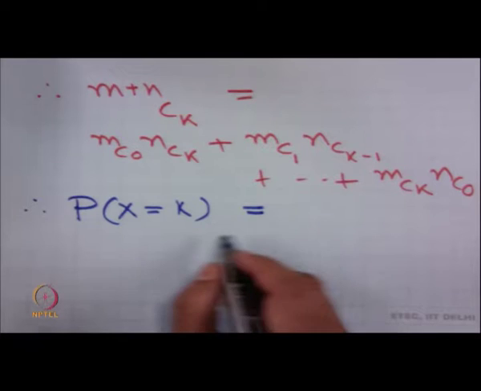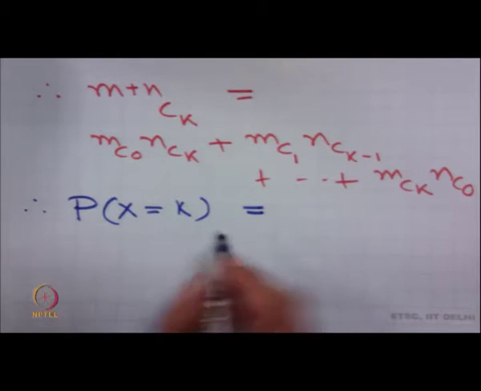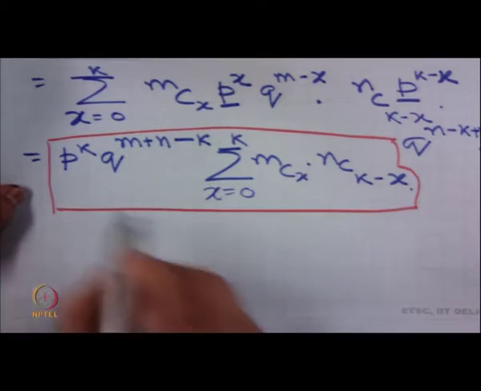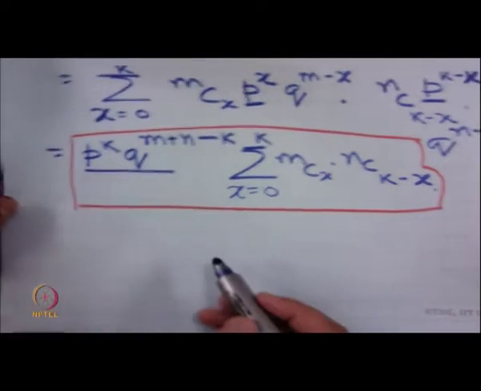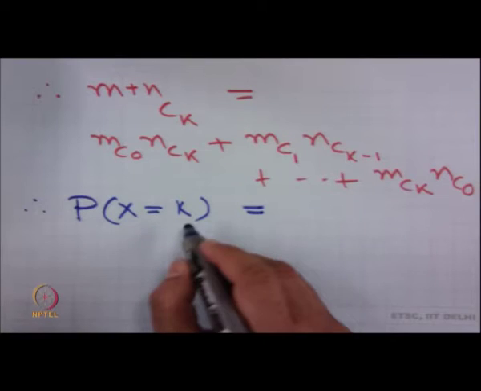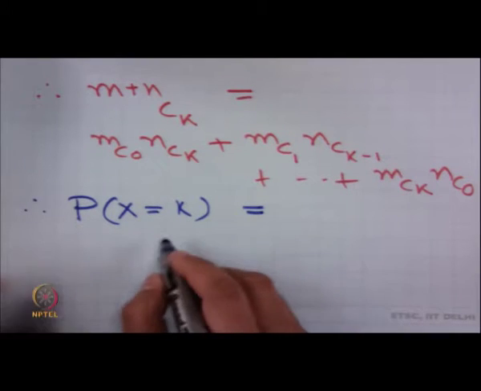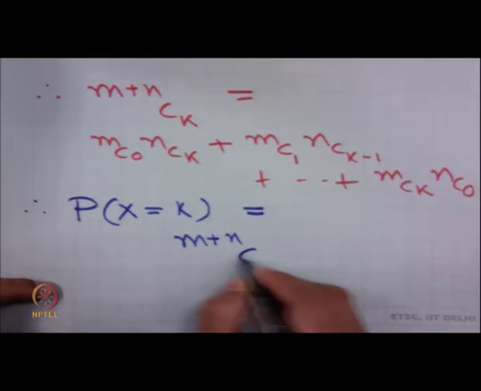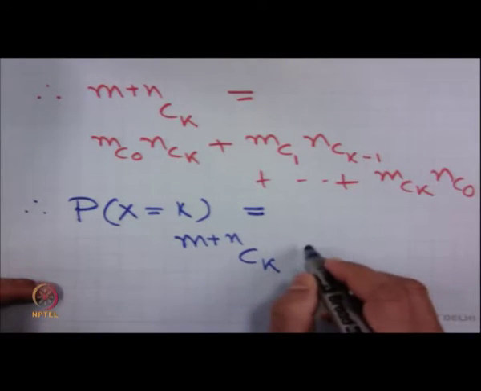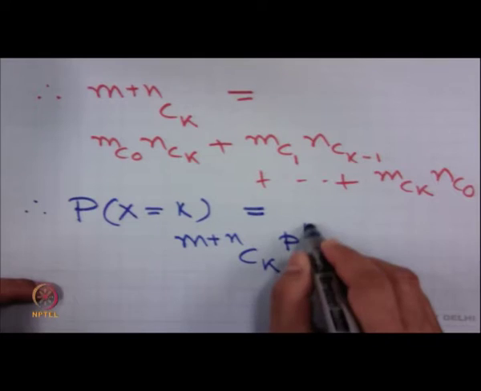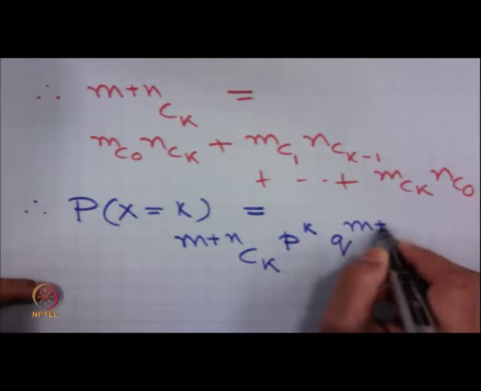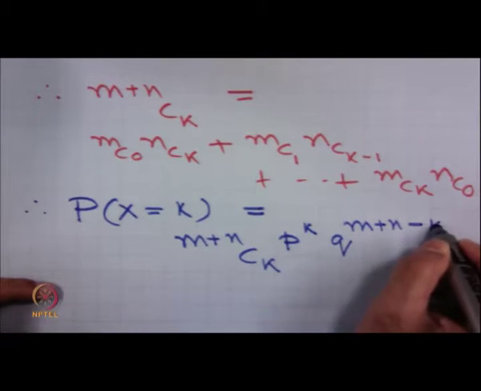is equal to, so this was the term that we have obtained. Therefore, the final probability of X equal to k is equal to (m plus n)Ck multiplied by p to the power k q to the power m plus n minus k.